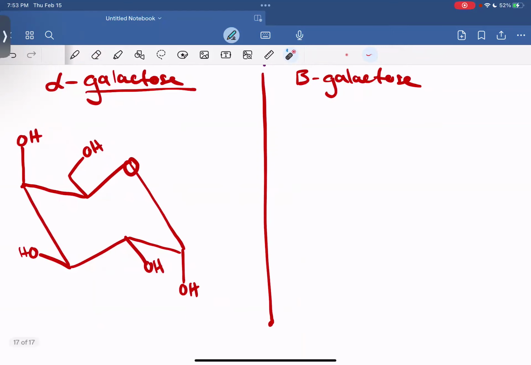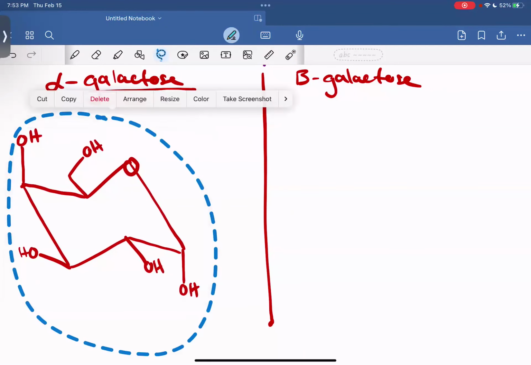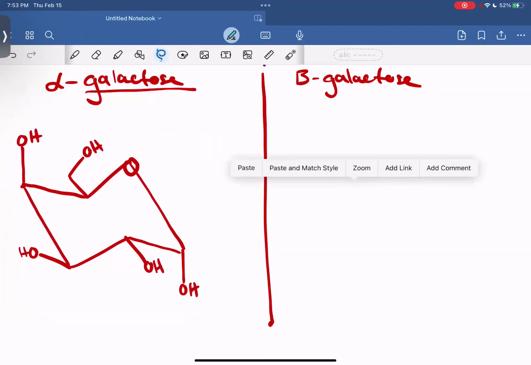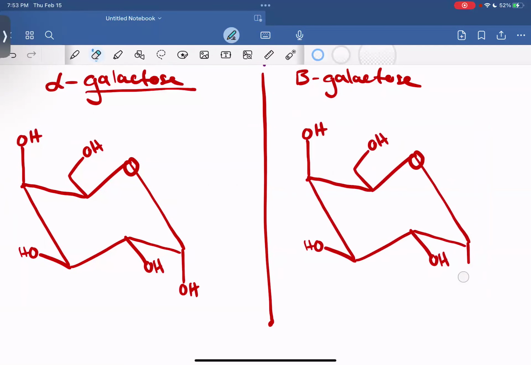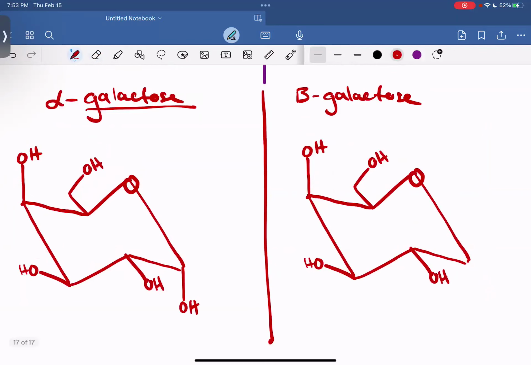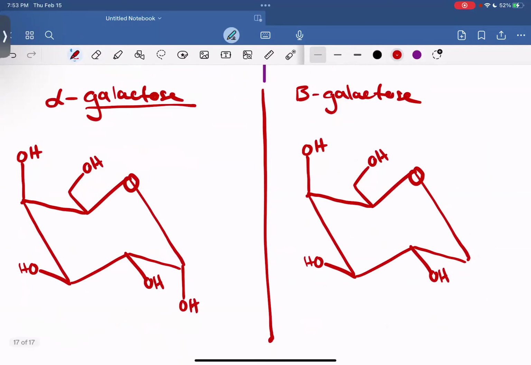Okay, well, what's beta galactose? It's pretty easy. We'll copy this one, and it's where the anomeric carbon is in the equatorial position. So we'll run through this again.